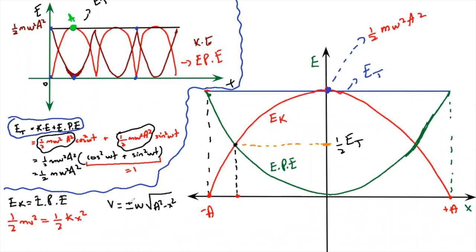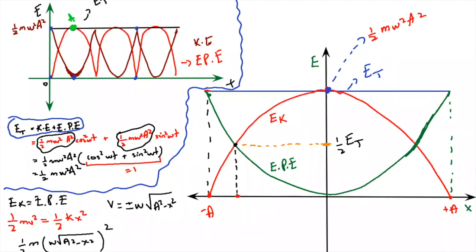Okay, now since I'm substituting this formula into this, I'm going to keep the plus minus because you're going to see why. Because it's going to be squared, so it won't make a difference anymore. So it's going to be 1 over 2 m omega under root a squared minus x squared squared, right?